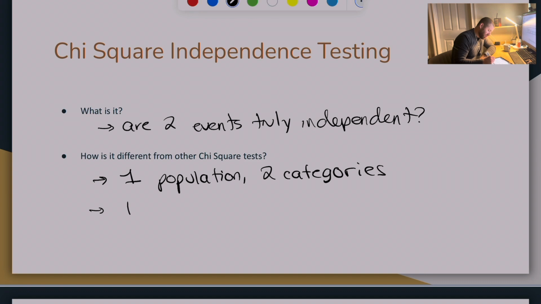The other important thing is that this is also sometimes called a test of association. So if you are looking for some giveaway wording for whether or not this is going to be a test of independence, what you're looking for are the words, is there an association between these two things?